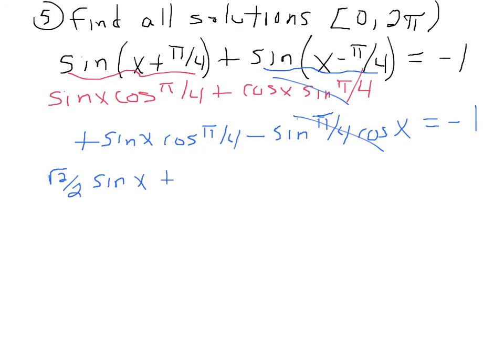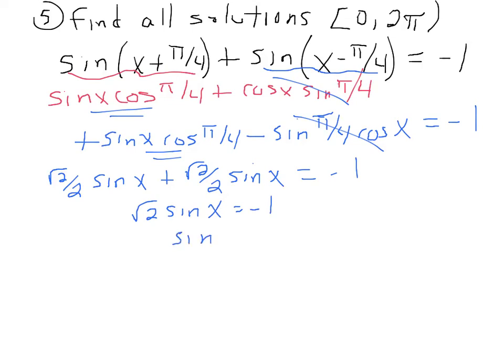So I've got plus square root of 2 over 2 sine of x, and equals -1. So when I add those two together, square root of 2 halves plus square root of 2 halves is just going to give me square root of 2 sine of x equals -1, which means the sine of x, when I divide, I'm going to get negative square root of 2 divided by 2.